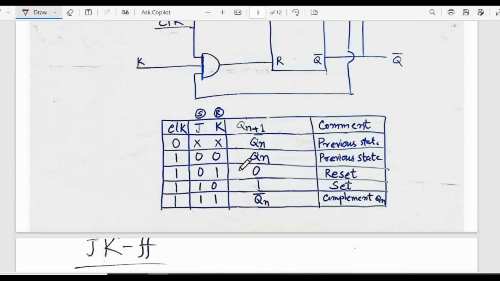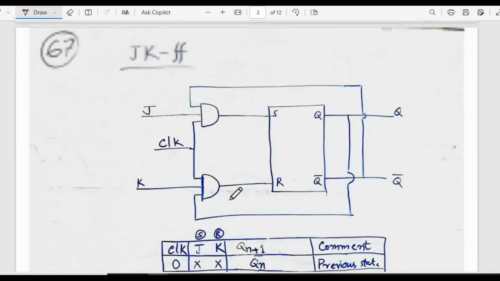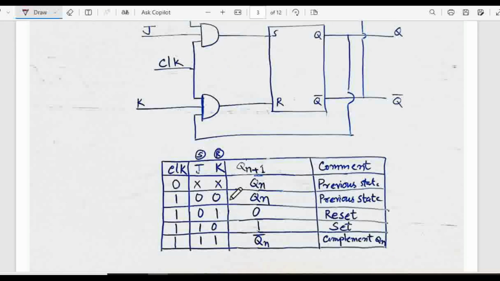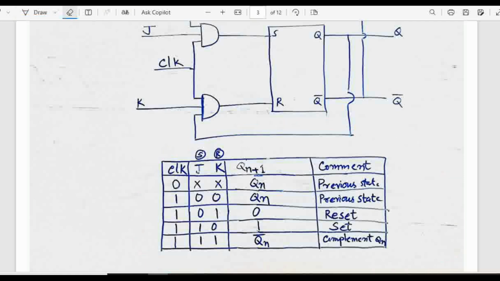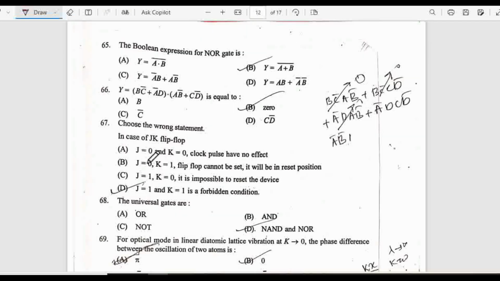To solve this, you should know the truth table of the JK flip flop. This is the truth table. It is given that J equal to 0, K equal to 0.